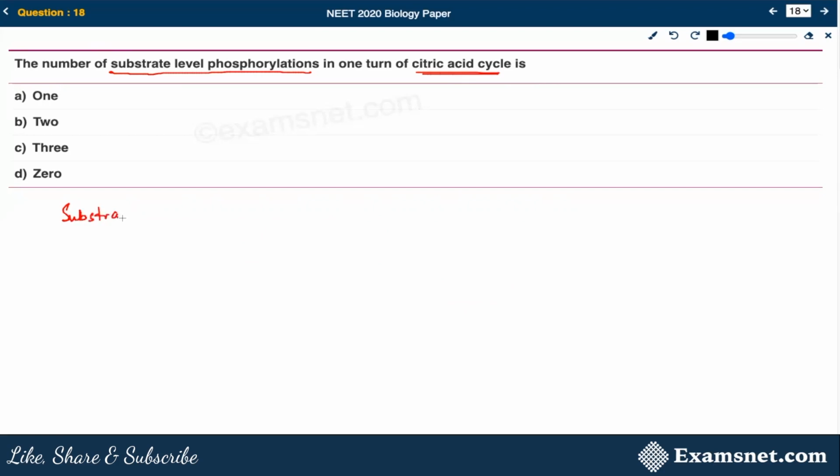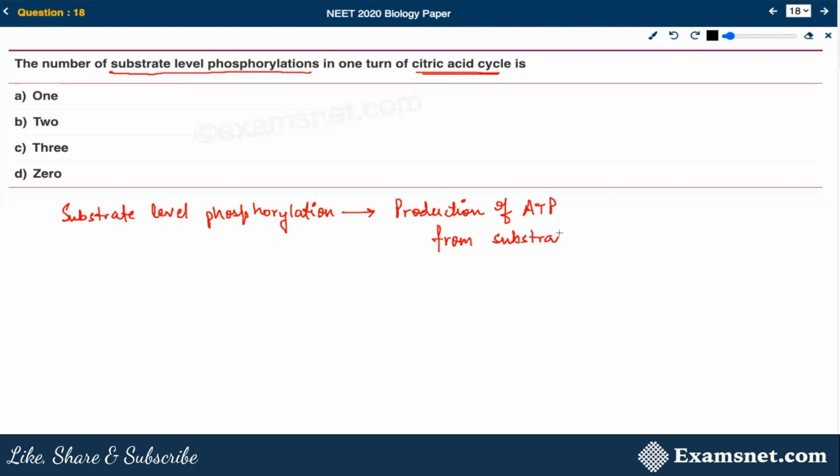Phosphorylation basically means production of ATP. So substrate level phosphorylation means production of ATP from substrate.